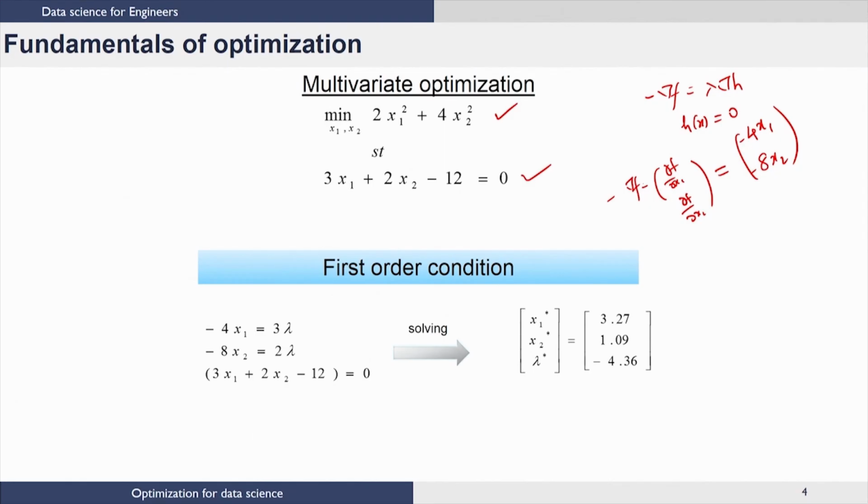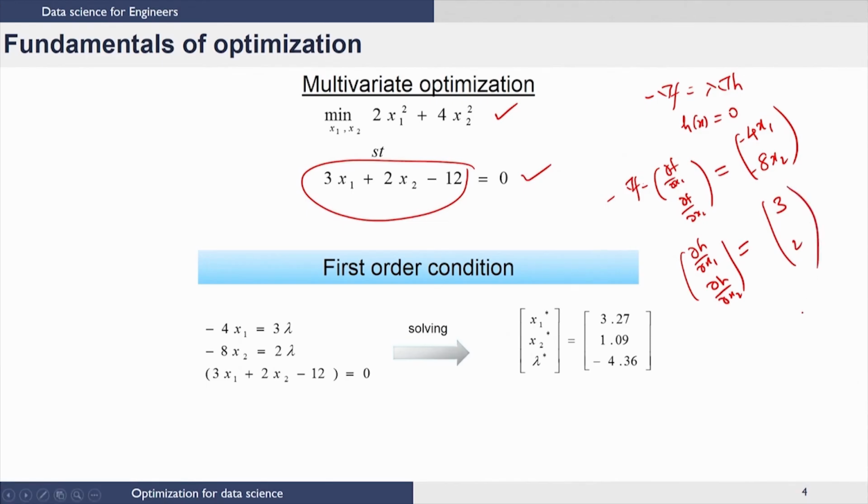Let us look at grad of h. So, h is this equation. If I do dou h dou x1, dou h dou x2, dou h dou x1 will be simply 3 and dou h dou x2 will be simply 2.